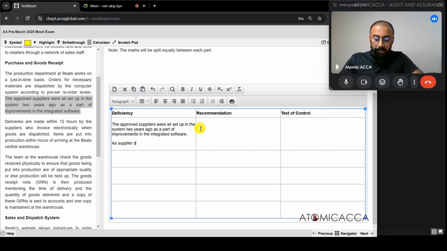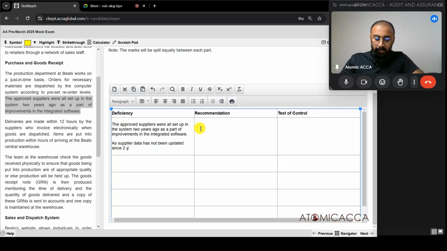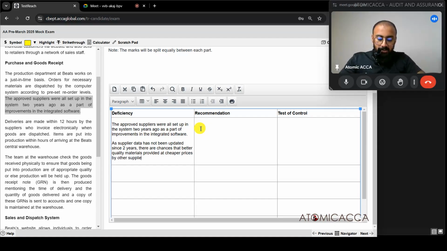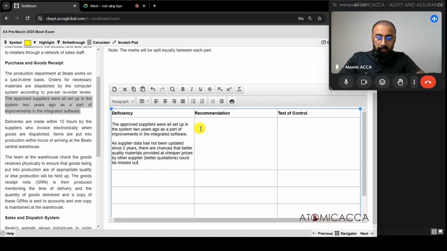As supplier data has not been updated since 2 years, there are chances that better quality materials provided at cheaper prices by other suppliers, that is better quotations, could be missed out for Beats company.